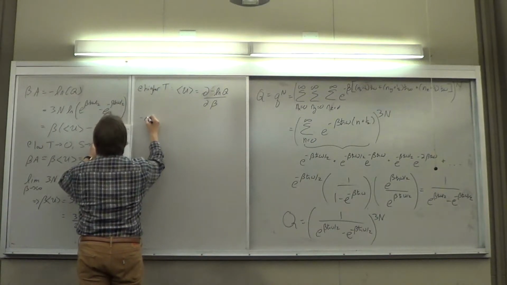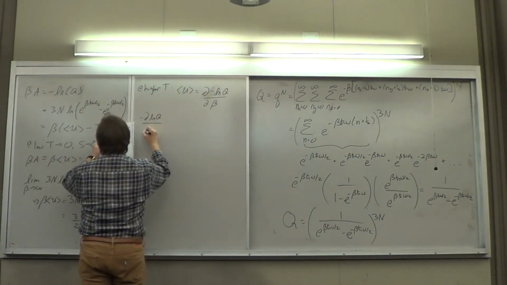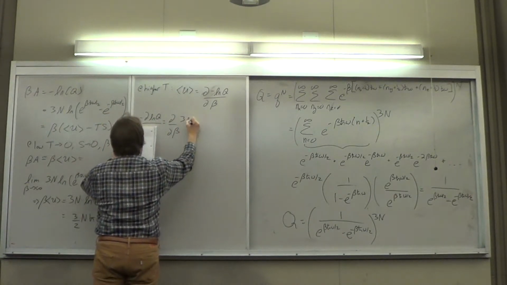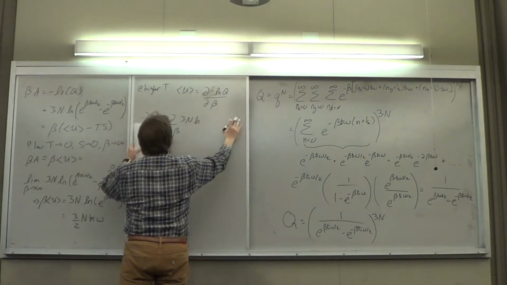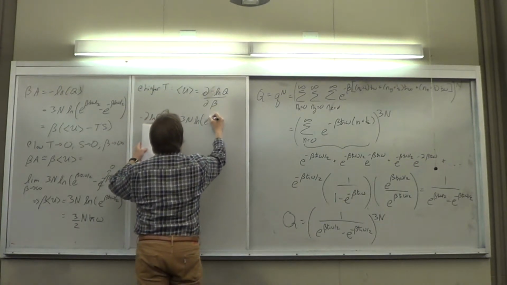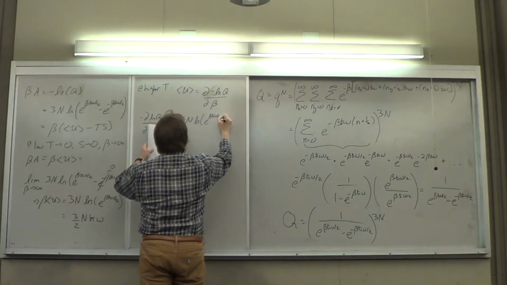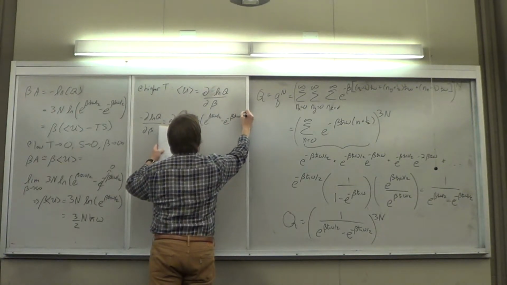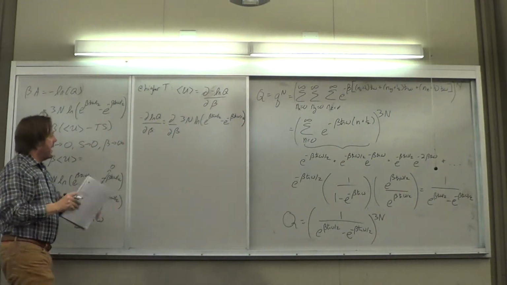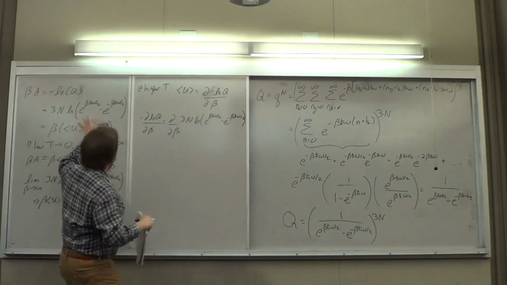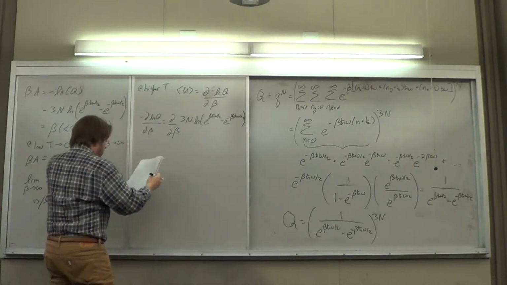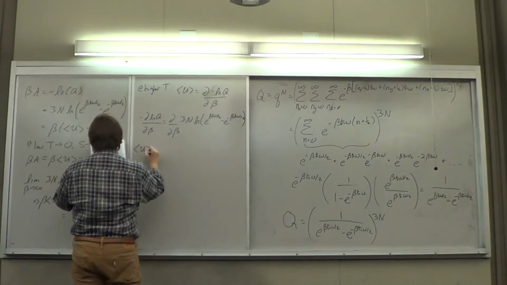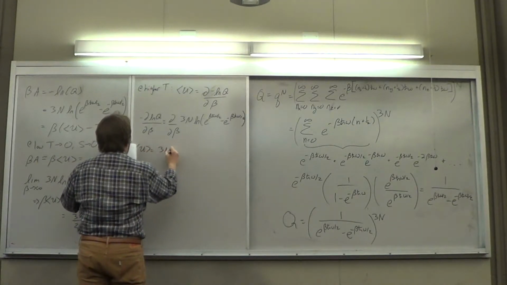Okay, minus the derivative of ln Q with respect to beta, the derivative with respect to beta of 3N ln... I've already written this a zillion times. You've already seen me write this a couple of times, now I just have to do the derivative. This is the average internal energy, 3N.